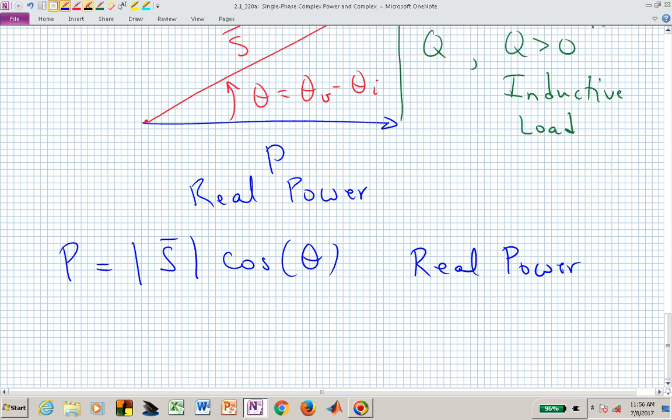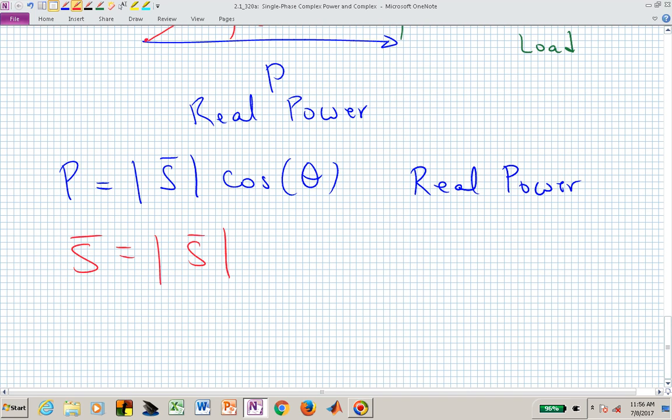We also have our complex power, which consists of, in polar notation, a magnitude and an angle.